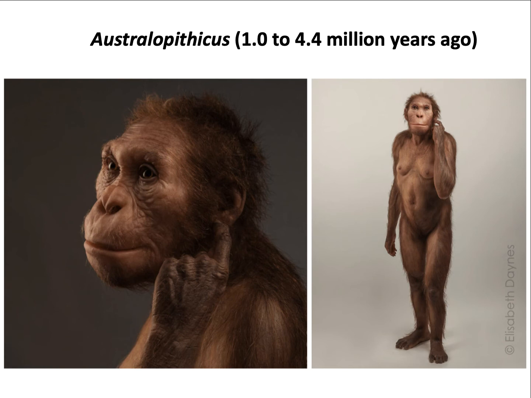The next step on these branches leading towards the genus Homo is Australopithecus, and they lived from about 1 million to 4.4 million years ago. And you can see you're getting more human-like features, including shorter arms, smaller hands, and although you can't see it from this, a larger brain cavity as well.